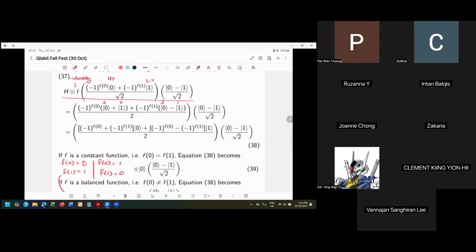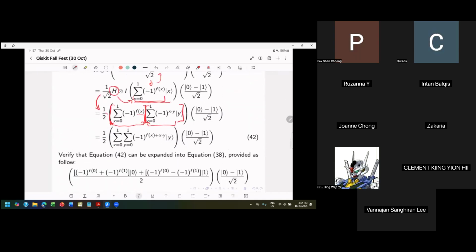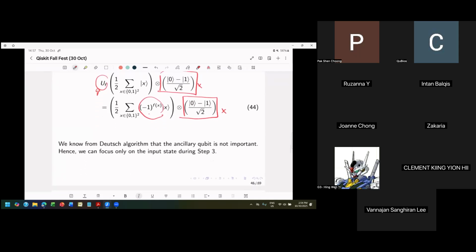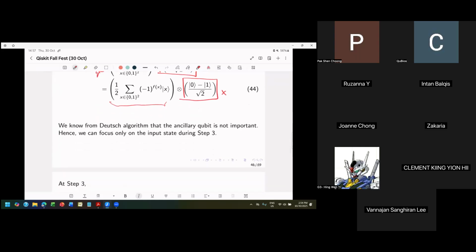So I'm trying to generalize the effect of this by putting on this particular summation. Having the oracle act on your quantum state after the first step basically just introduces a phase of -1 to the power f(x) onto your state. Like I said, the ancillary qubit is not important, so for step 3, we will just look at the input states.